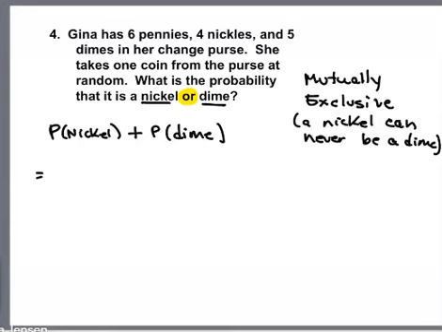So in this case, we just take the probability of a nickel. So there are 4 nickels and 15 total coins. If we go 6 plus 4 plus 5, we get 15 total.